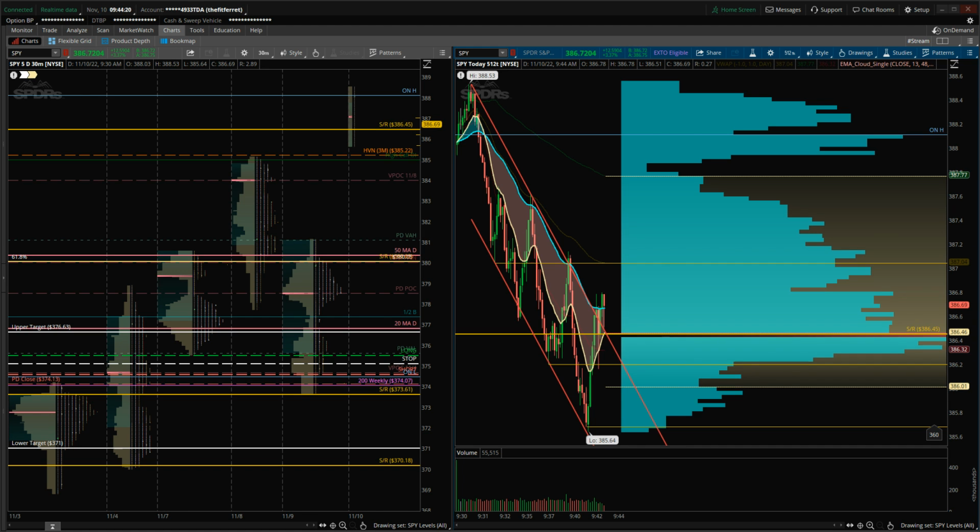Actually, that might have been a good low right there. So that did come down and touch our 13, and we've got a crossover event threatening to happen.